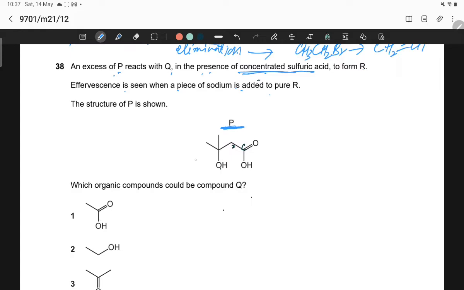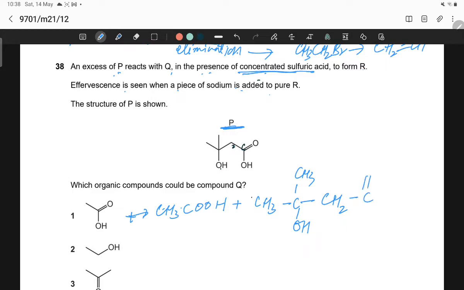This is CH3C=OOH plus CH3CH2OH. Yes, effervescence is seen when it reacts with sodium, hydrogen gas is produced.